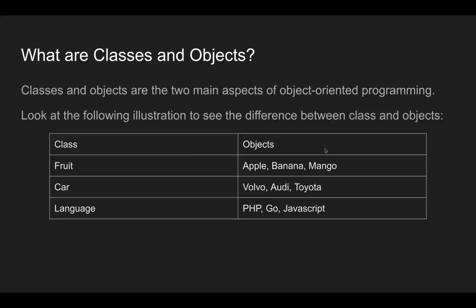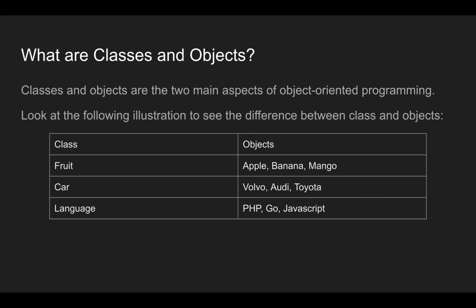So you might have a question like, what are classes and objects? Classes and objects are two main aspects of object-oriented programming. Looking at this illustration, you see the difference between classes and objects. We can say a class is a fruit, and objects of that particular class are apple, banana, mango, pawpaw, carrot, etc. We also have another class called car.